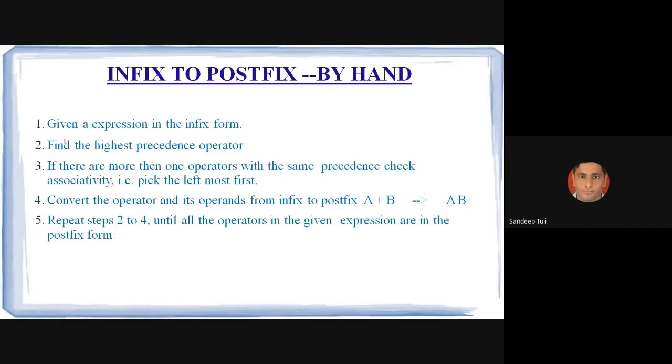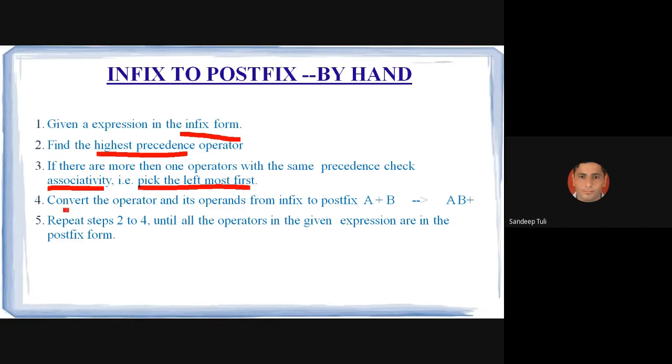The simple steps of converting an infix expression into postfix are: first of all, suppose the given expression is in infix form. Now find the highest precedence operator. Then pick the operators with the same precedence, check the associativity and pick the leftmost first, as in all arithmetic operations the left one will be evaluated first.